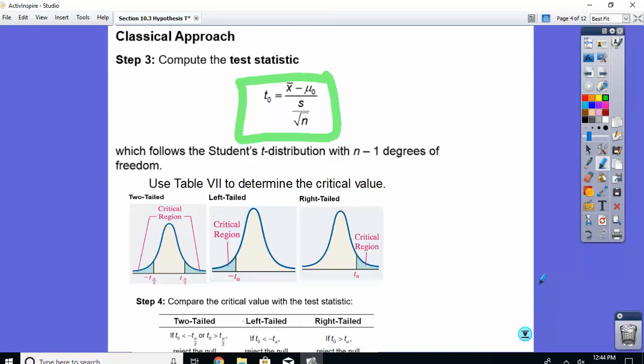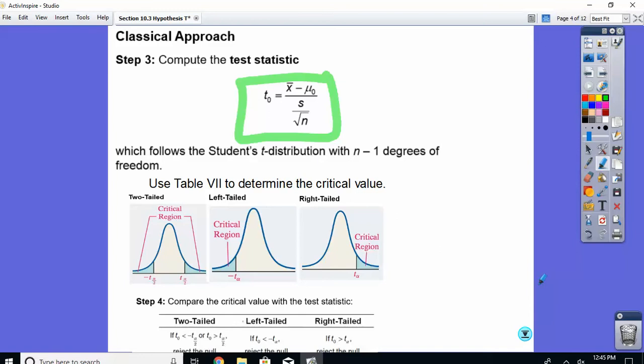It has the z formula, and it's got our t formula. Essentially, this is just like calculating a z. It's your observed value minus your mean over this thing that represents your standard deviation. If you look at chapter 8, it told you your mean was mu and your standard deviation was s over radical n. So we've used those before.